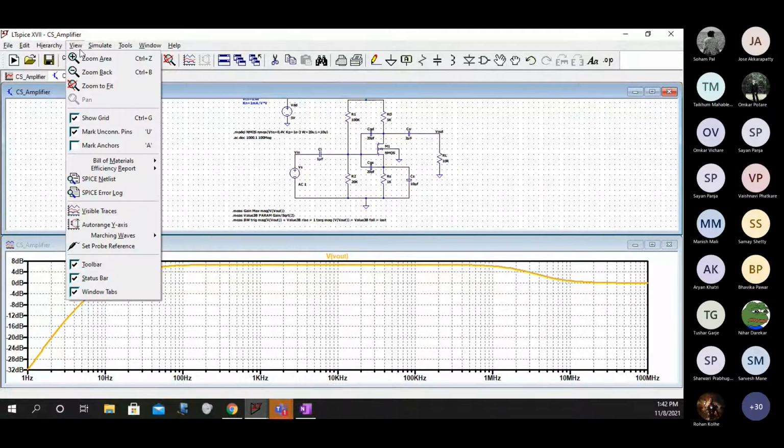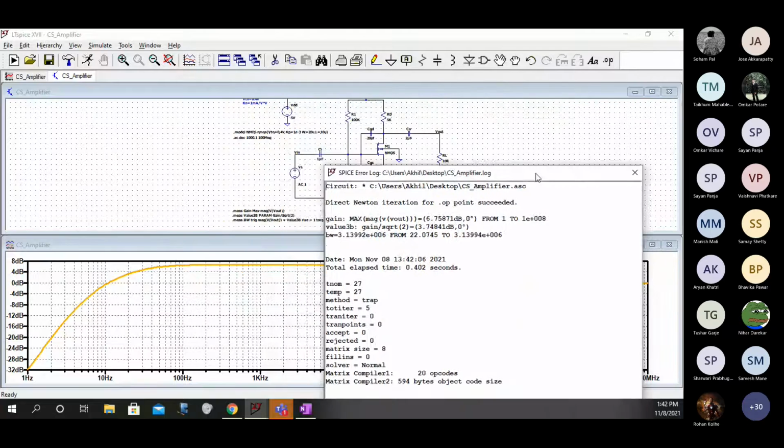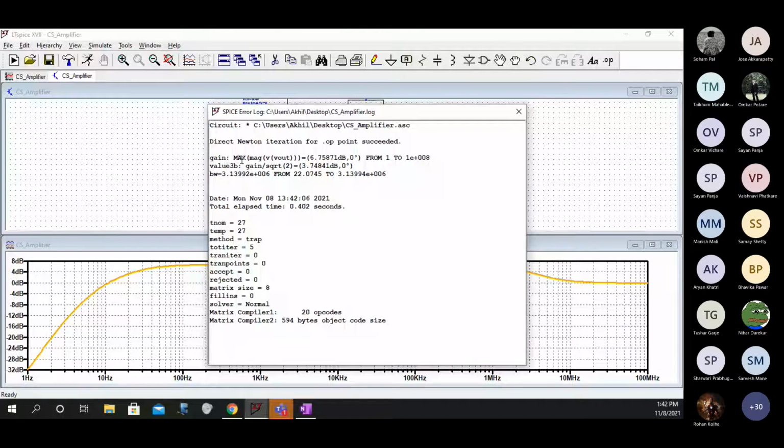But now if you go to view and see the SPICE error log, in this you can see gain. The maximum value of gain is 6.75871. And the gain ranges from 1 to some 10 megahertz. The 3 dB value is 3.74, meaning 6.758 minus 3 is this value.